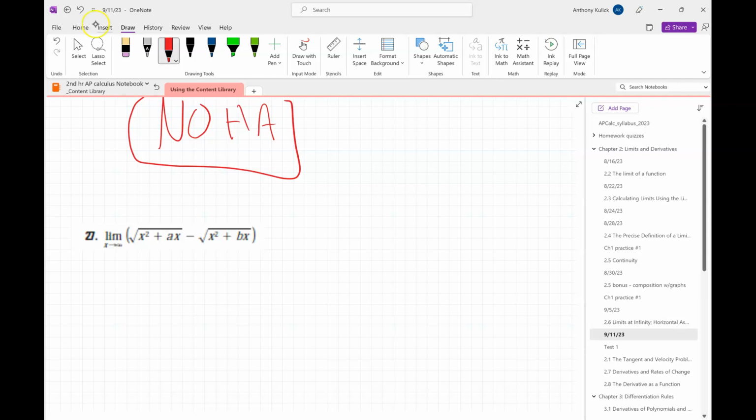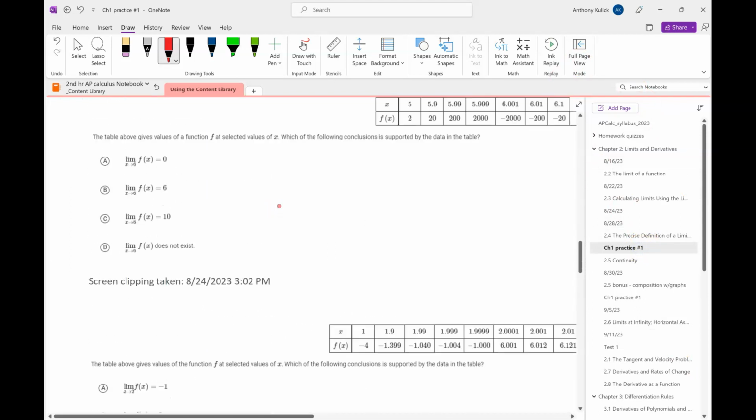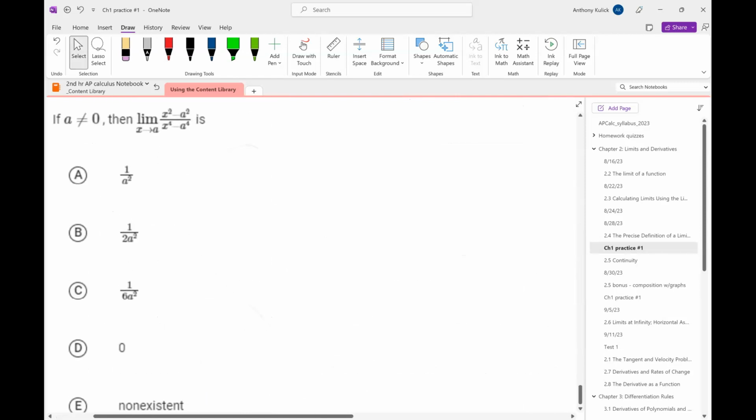Yeah, and didn't we have one on the practice where the answer had a coefficient in it? Yeah, it was this one right here, right?